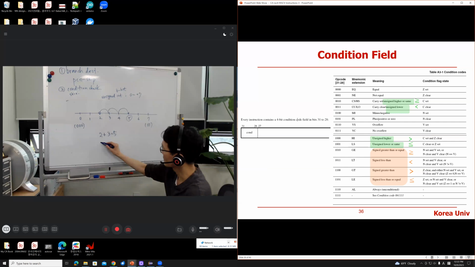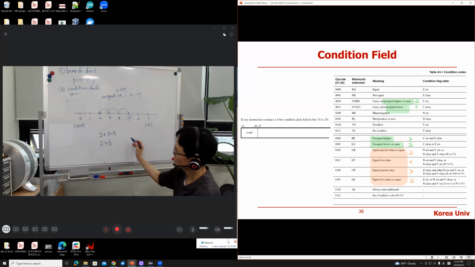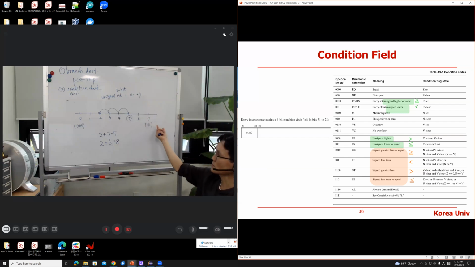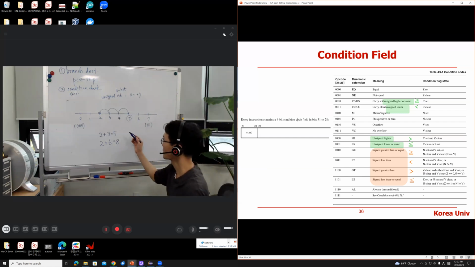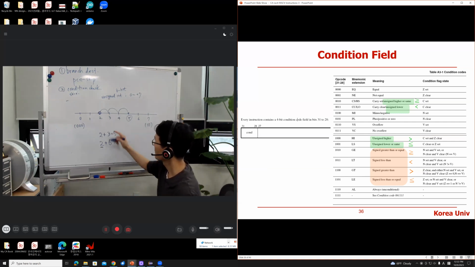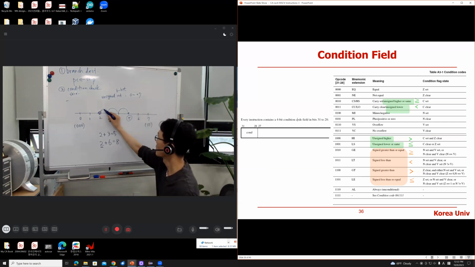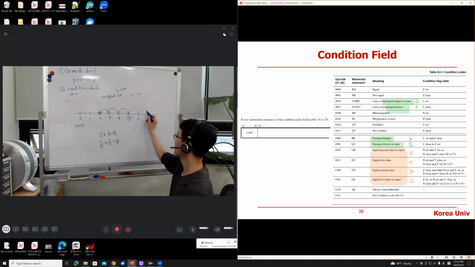But what if you add 2 plus 6? The actual solution is 8, but a 3-bit computer cannot represent this number, because 7 is the largest number it can represent. Let me do the same thing: starting from 2, you are supposed to move 6 steps forward: 1, 2, 3, 4, 5.